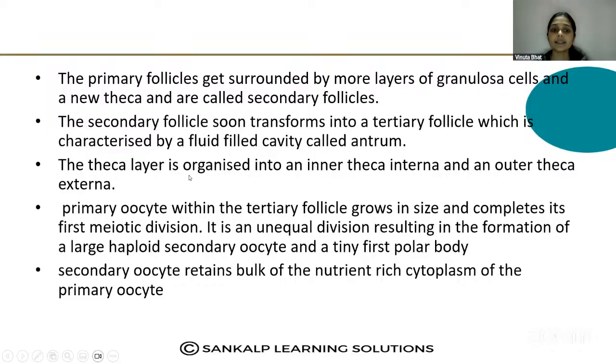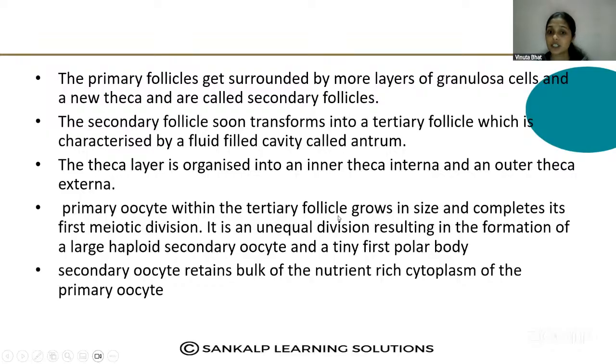The theca layer is organized into an inner theca interna and an outer theca externa, and the primary oocyte is arrested at meiosis one.